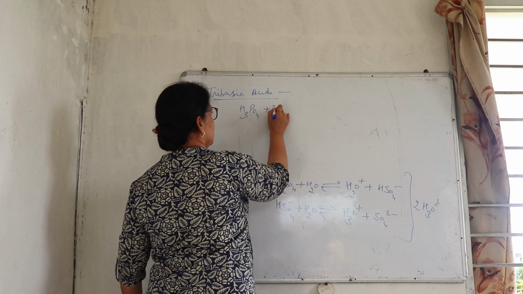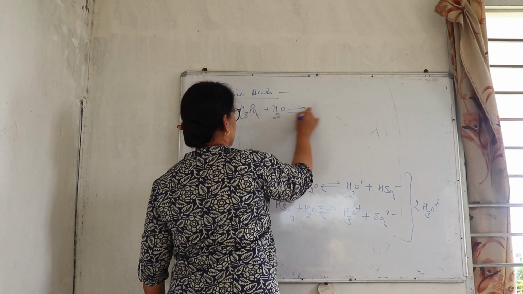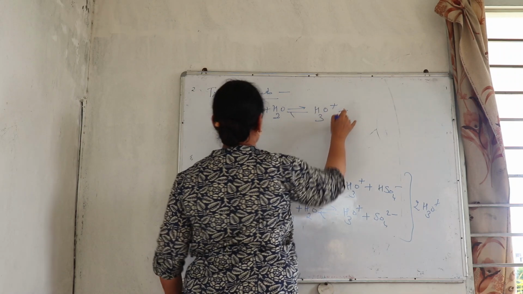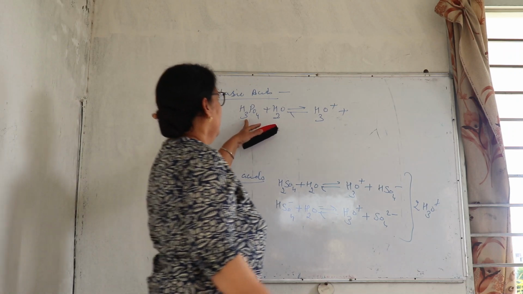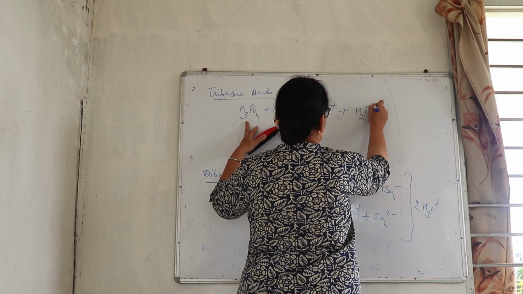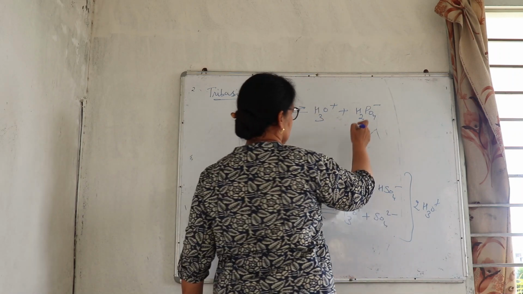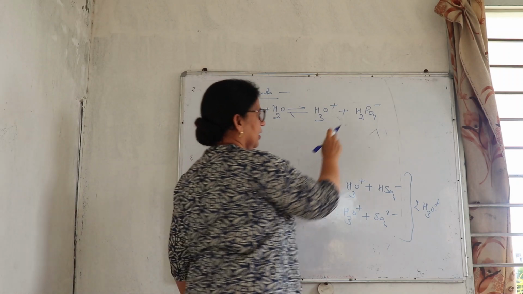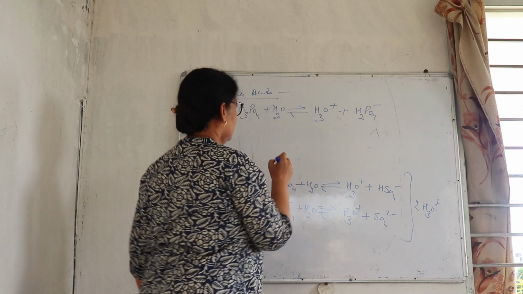H3PO4 plus water will give hydronium ion plus what is left here, that is H2PO4 negative, and this is dihydrogen phosphate ion.